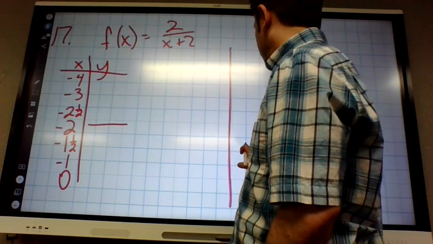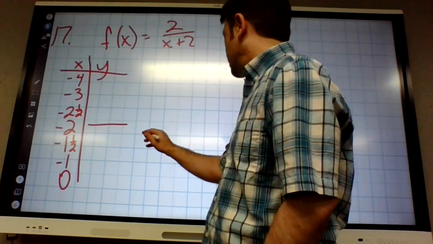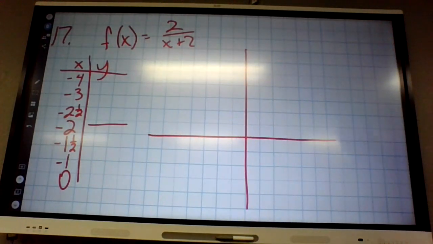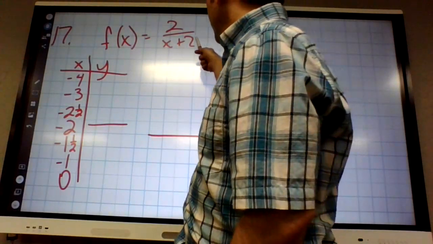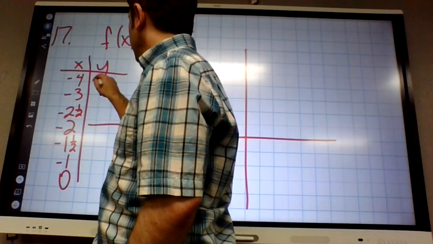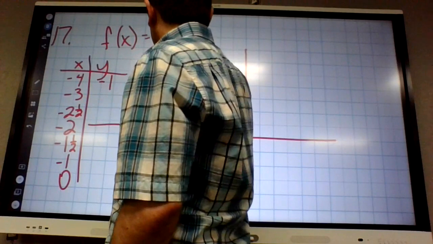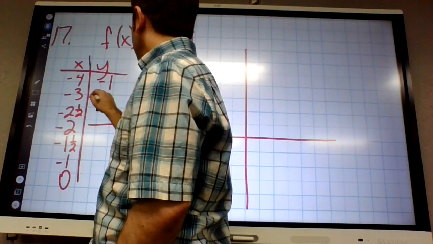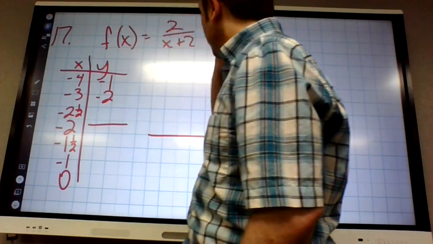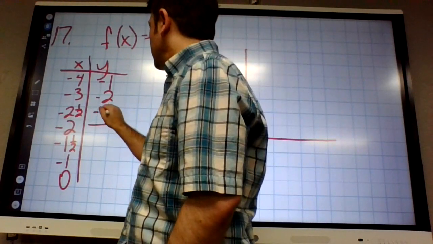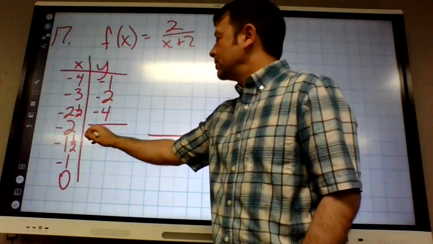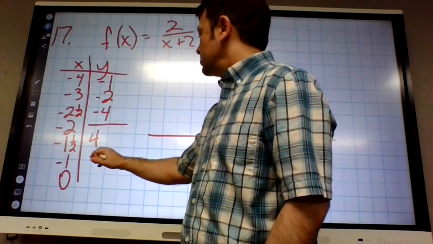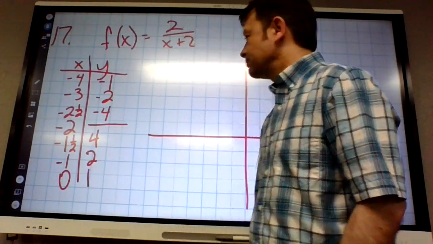Since it's shifting left 2, you might want to put your y-axis a little bit to the right. If I plug in -4, I get -2, 2 over -2 is -1; -3 is -2; -2.5 is -4. Plug in -1/2, I get 4, 2 and 1.